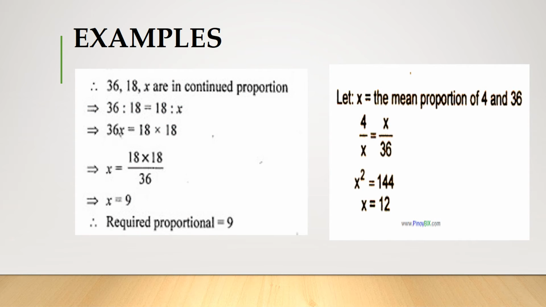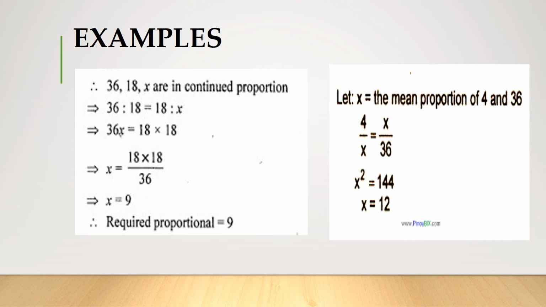Now let us see some examples. 36, 18 and x are in continued proportion. Remember children, there are only three terms: first term, second term and third term. Whenever it is said that these three terms are in continued proportion, the second term is the mean term.